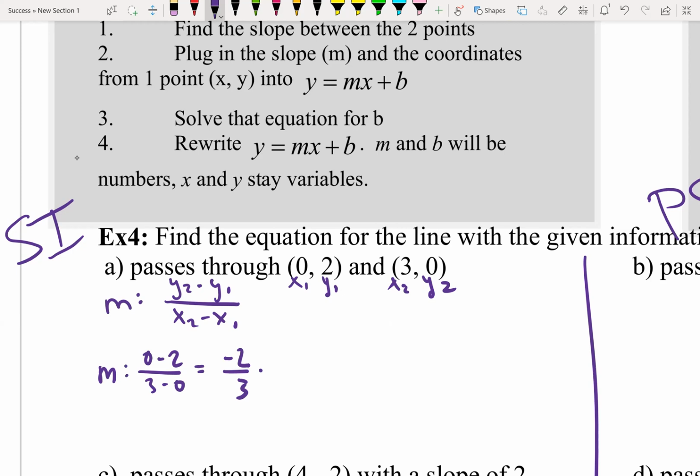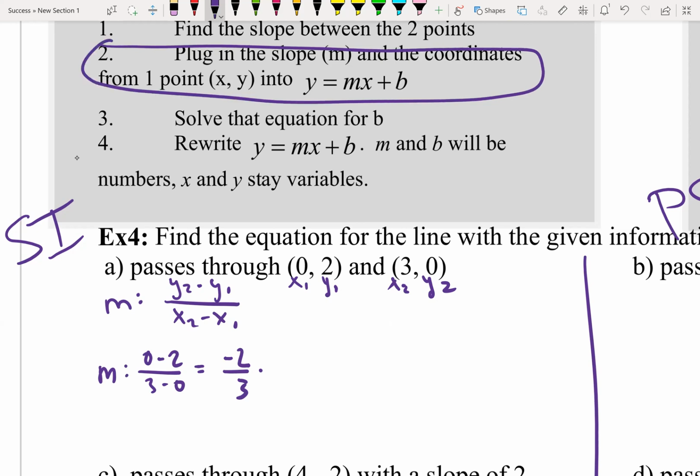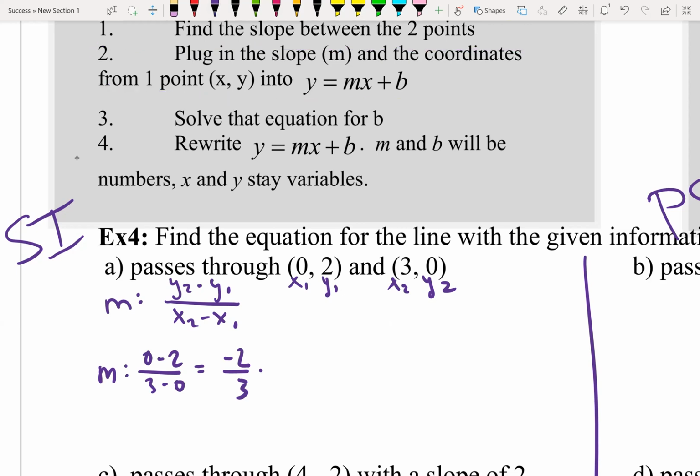When we go back now to find the b value, we're going right here to step 2. It says plug in the slope and the coordinates from one point into the formula. So we've got my y equals mx plus b. I'm going to plug in a point, and I'm going to plug in my slope, and then I'm going to solve.